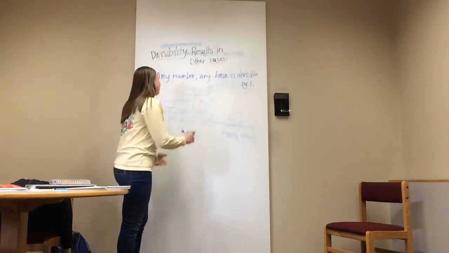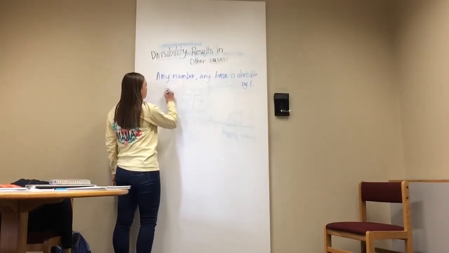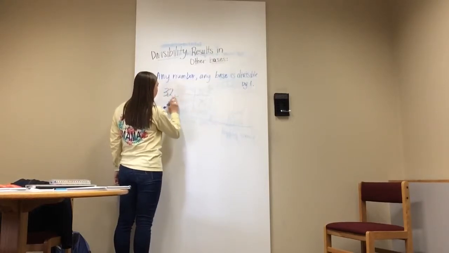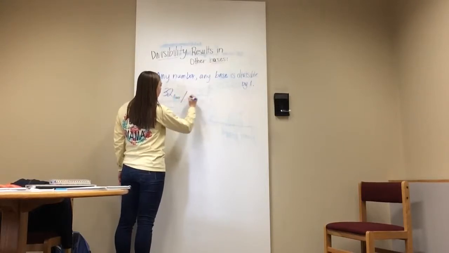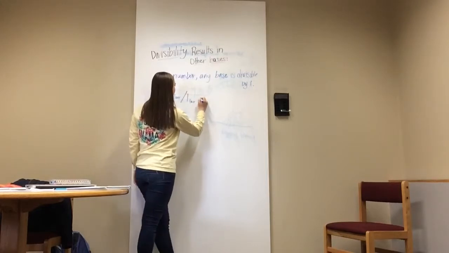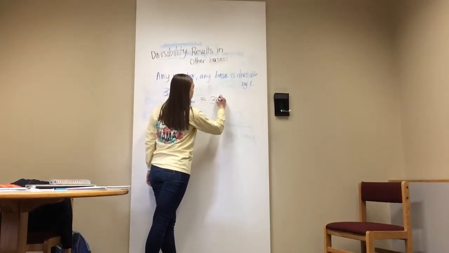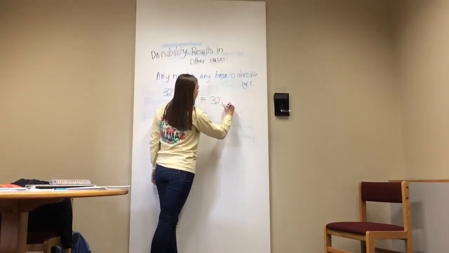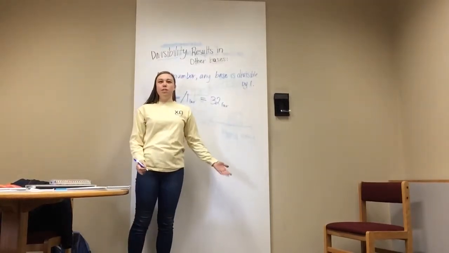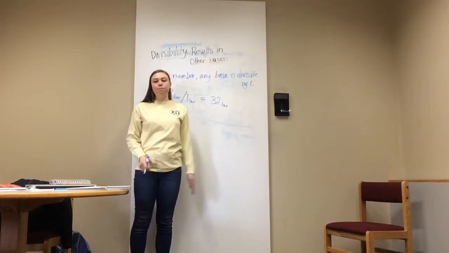So for example, if we have 32 base 4 divided by 1 in base 4, we know that our answer is going to be 32 base 4. And this is consistent throughout all bases, just as it is in base 10.